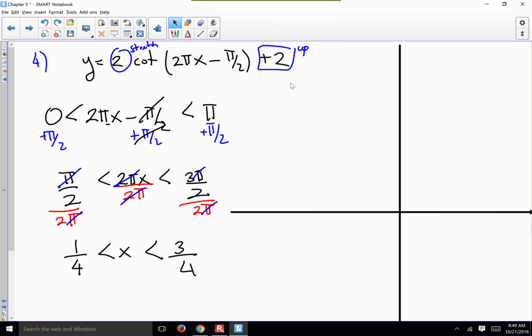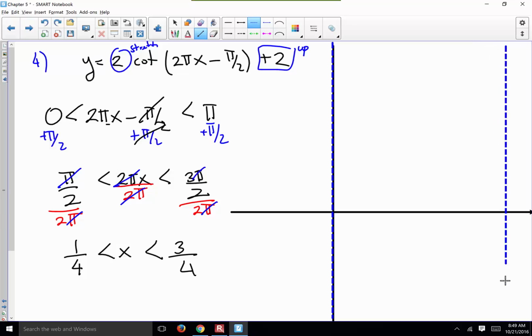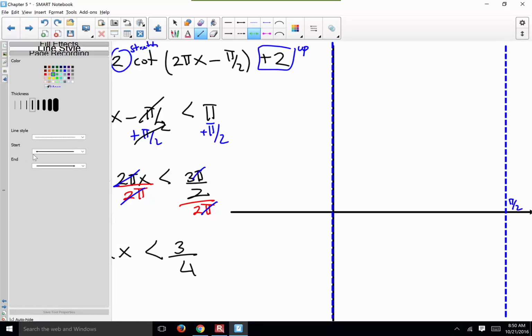The regular region was between two asymptotes, 0 and pi over 2, right? What is the new range now? It's not 0 and pi over 2. It's going to move to 1/4 and 3/4.